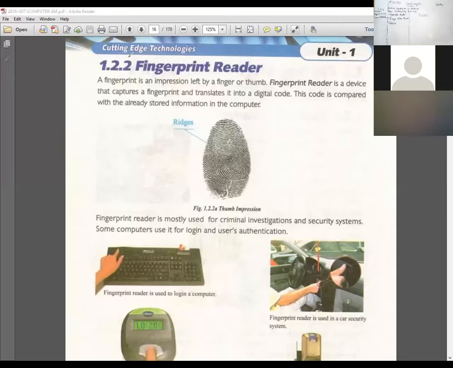Okay, first of all, you have to write the question, what is a fingerprint? And the answer will be, a fingerprint is an impression left by a finger or thumb.